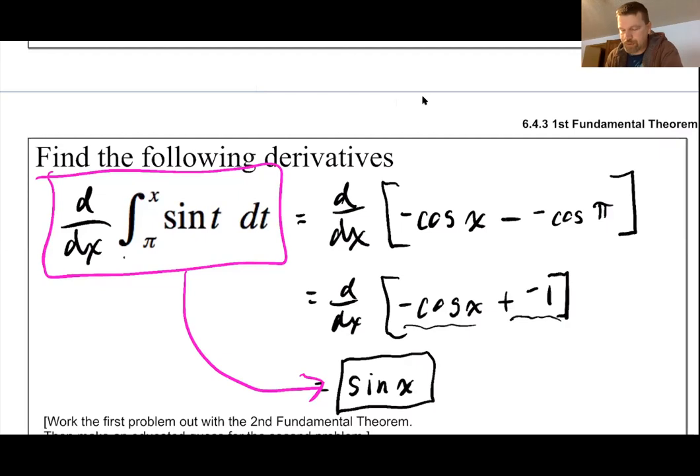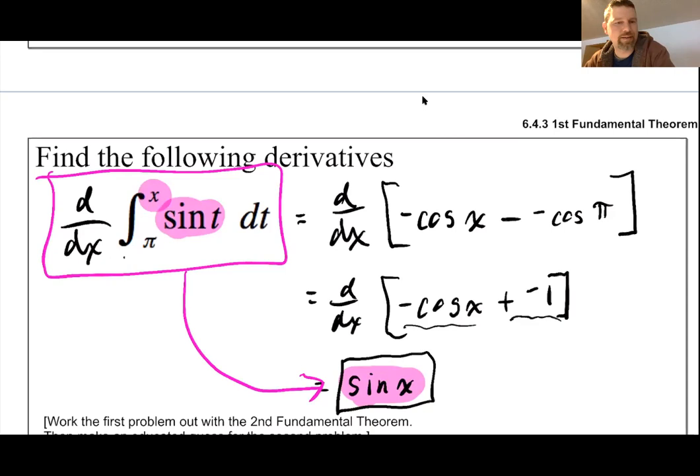We had talked about dummy variables before. Dummy variables are often just a t or whatever else, where the variable doesn't matter because it goes away in the end. All that really happened is I found the integral and I plugged an x in, and then I found the derivative. But since integrals and derivatives are opposites, I pretty much ended up exactly where I started. The only difference is the variable changed to an x.